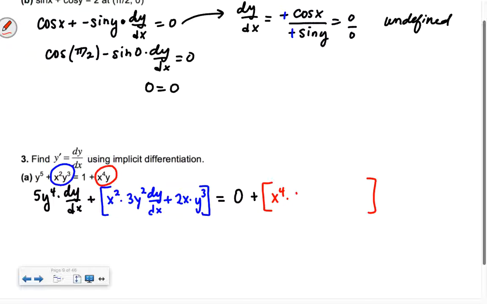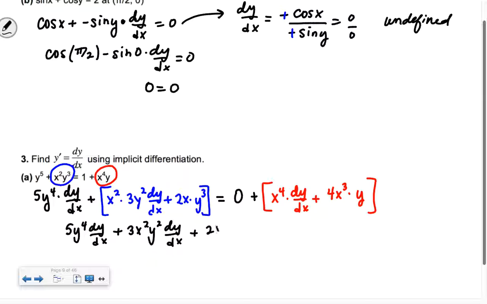First is x to the fourth, derivative of the y is dy over dx, plus derivative of the first is 4x cubed times y. Little messy. So we have 5y to the fourth times dy over dx plus 3x squared y squared times dy over dx plus 2xy cubed equals x to the fourth dy over dx plus 4x cubed y.